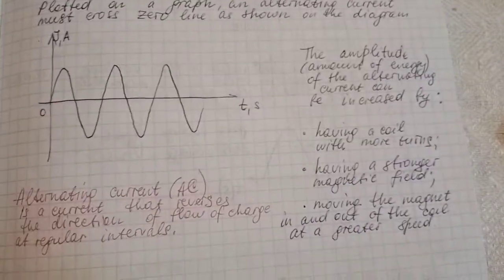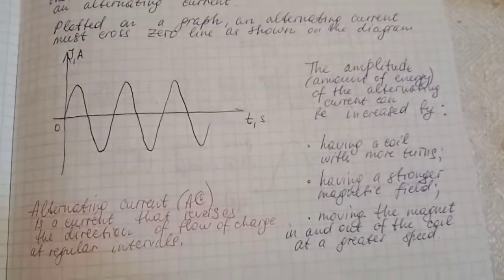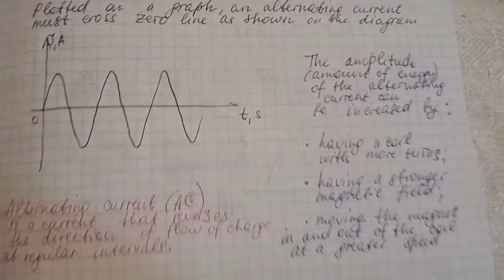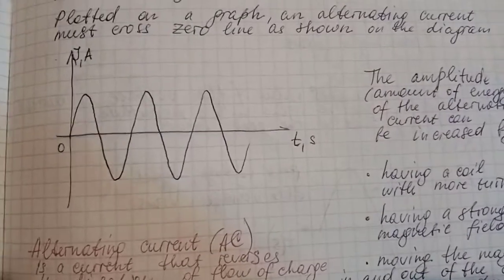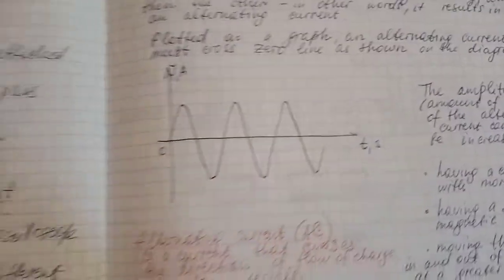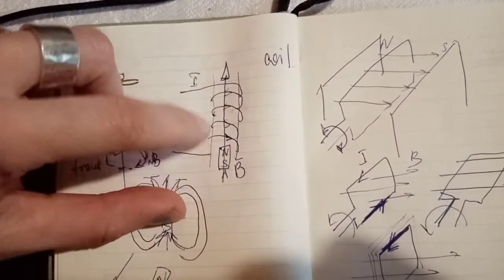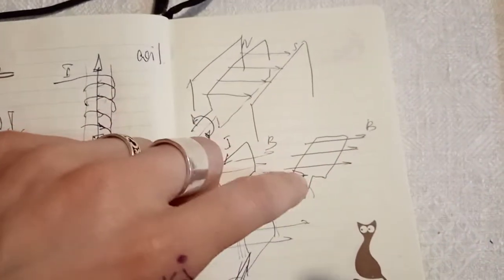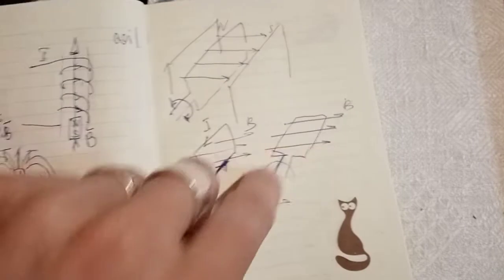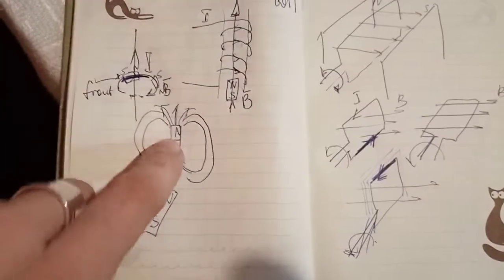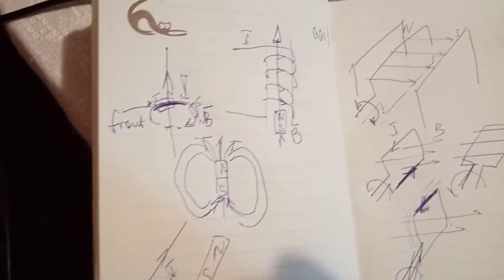The amplitude, the amount of energy of alternating current. You can see this is my plot. If we want to increase the amplitude, we can do it in different ways. We can increase the number of rounds, or we can increase the magnetic field, so take a more powerful magnet, for example.